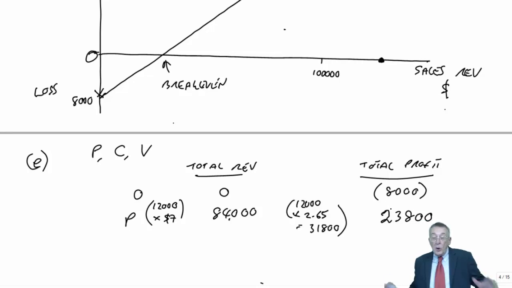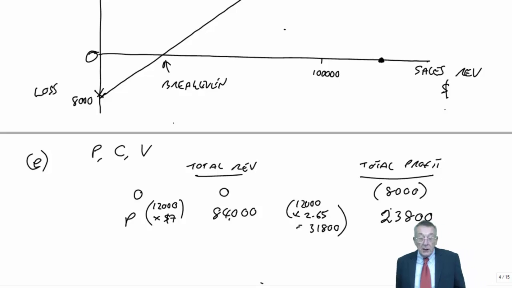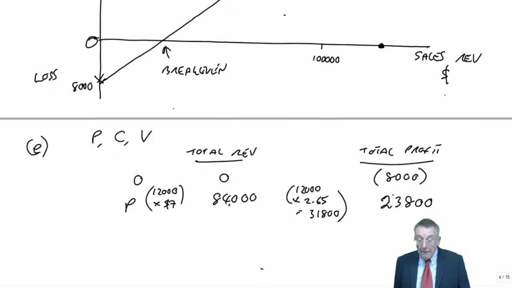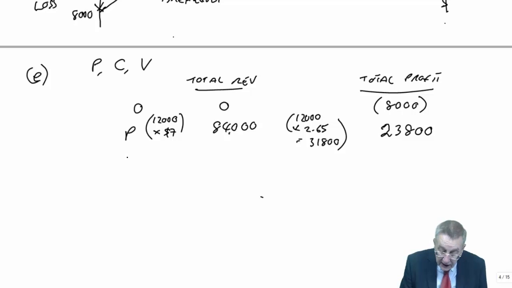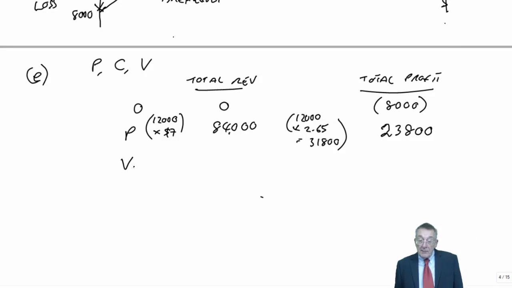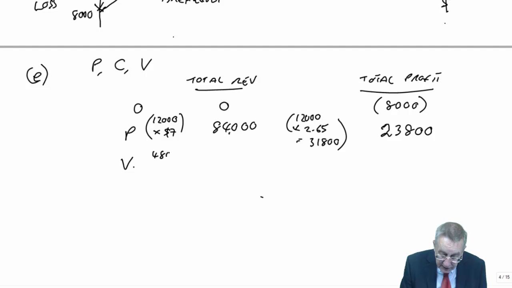And we've now sold all the P's. Well, of course, once we've sold all the P's, we can't sell any more. And so we'll go to the next one, which is V. And how much revenue would V earn us? There's 4,800. The revenue is $6 a unit.